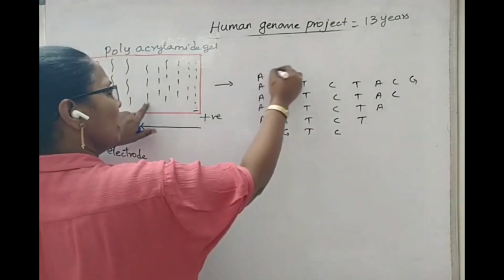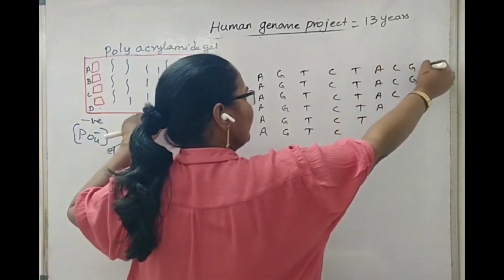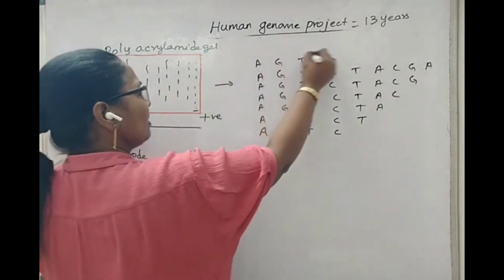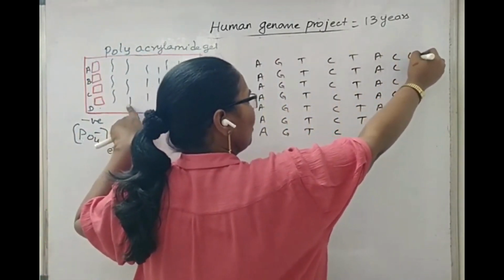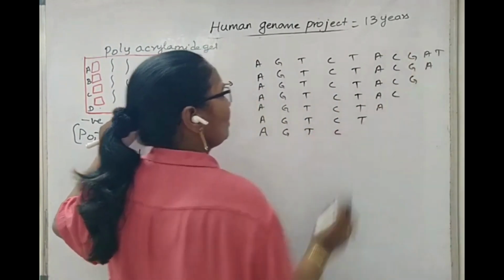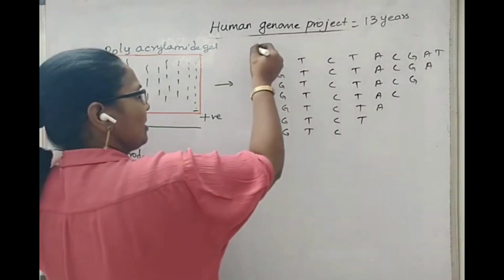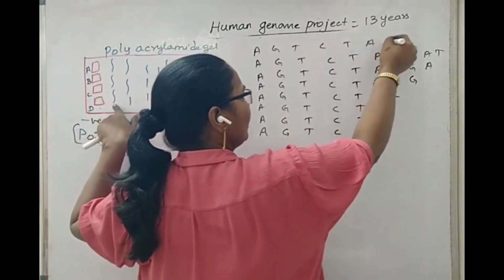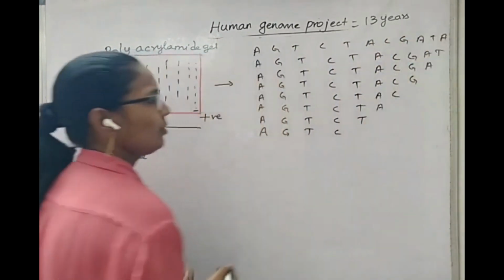Now we will take this one: adenine, guanine, thymine, cytosine, adenine, and it can be adenine. The last but one: adenine, guanine, thymine, cytosine, thymine, adenine, cytosine, guanine and adenine. The last can be thymine. The first one, which is very near to the wells: adenine, guanine, thymine, cytosine, thymine, adenine, cytosine, guanine, adenine, thymine, and the last can be any of the nitrogen bases.